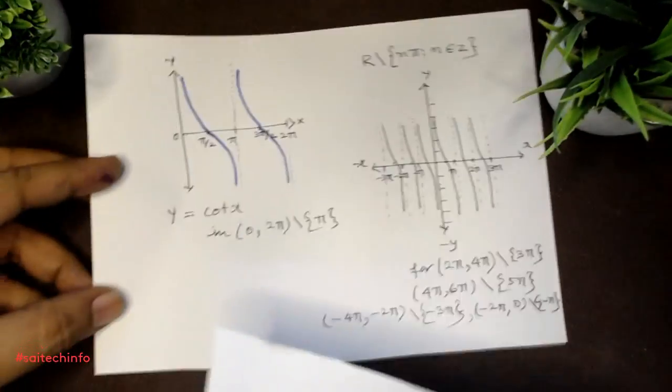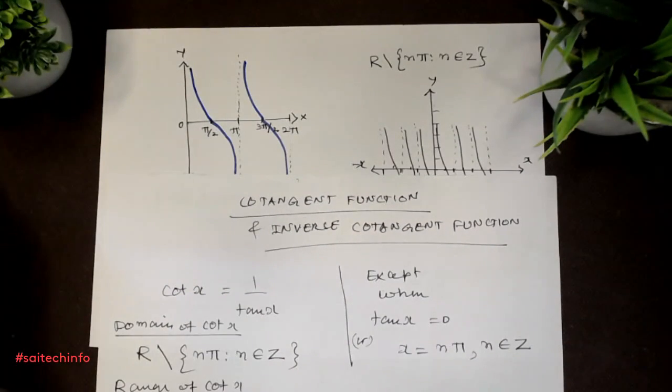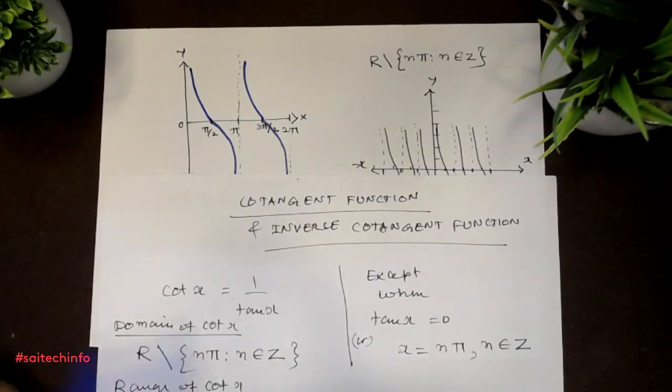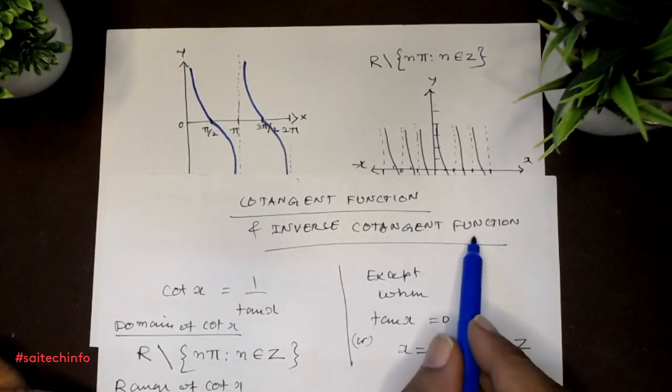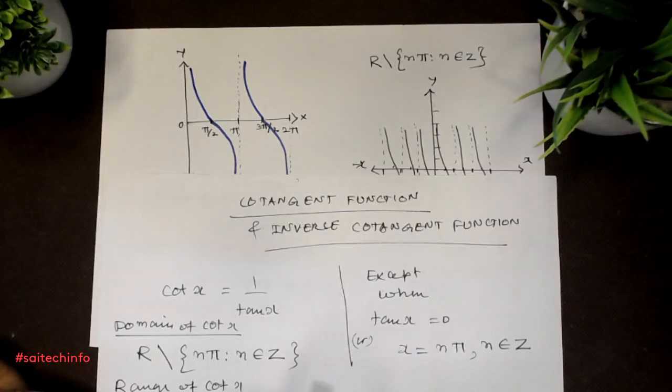So let me summarize. Now we are considering the cotangent function. The cot x is nothing but the reciprocal of tan x, and tan x is equal to 0 at x equal to n pi, which is excluded.